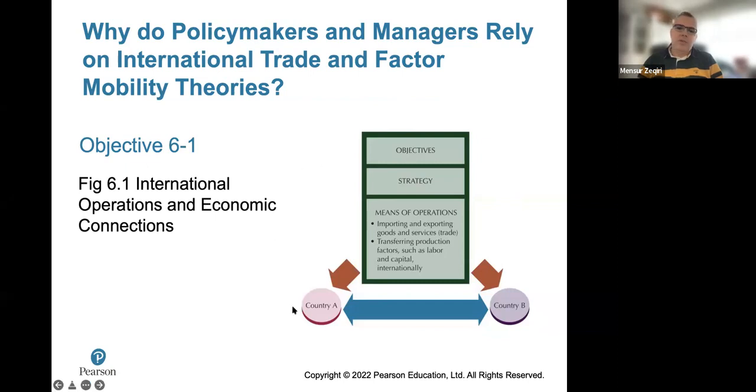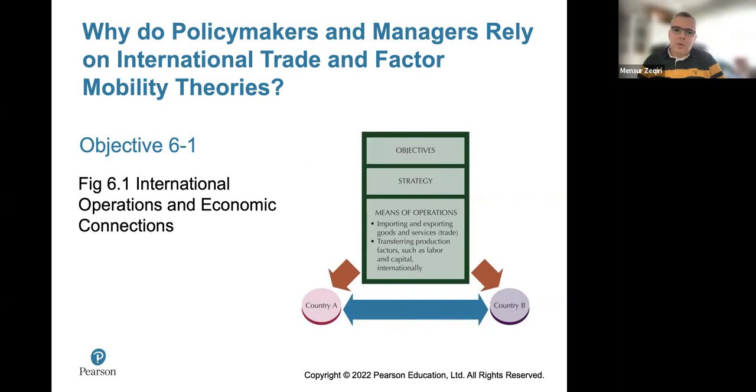As you can see, moving from country A to country B in these cases, once either of these processes has taken place, we can say that these two countries, country A and country B, are connected economically.